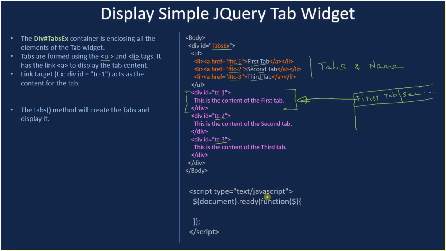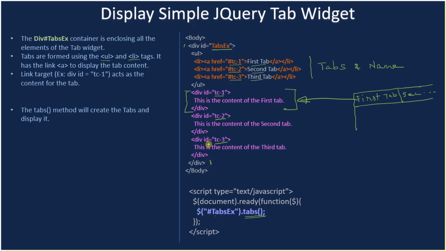And here is our JavaScript code. You may be well aware of this syntax by now. Inside, we are making a call to the tabs method, and we are calling it on the selector tabx. Here is tabx, and the div tag starts here and ends here.